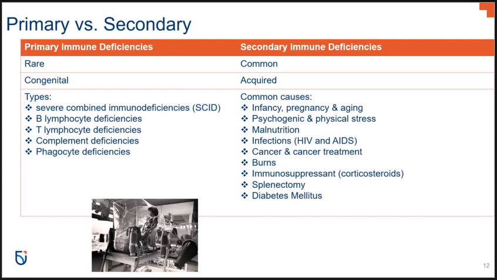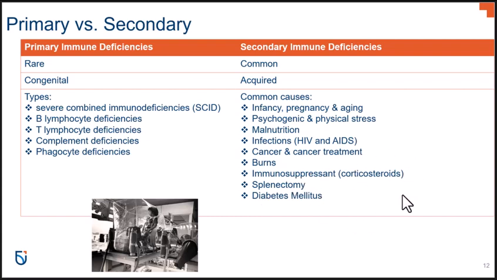So for example, infancy, pregnancy, and aging can lead to immune system deficiencies, psychogenic and physical stress, malnutrition, the presentation of certain infections, for example, HIV and AIDS, which we'll talk about later, cancer, but also the treatment of cancer itself can lead to an immune deficiency. Burns, being on immunosuppressants such as corticosteroids.